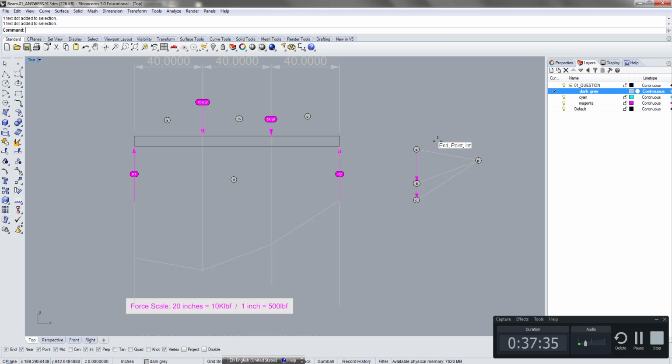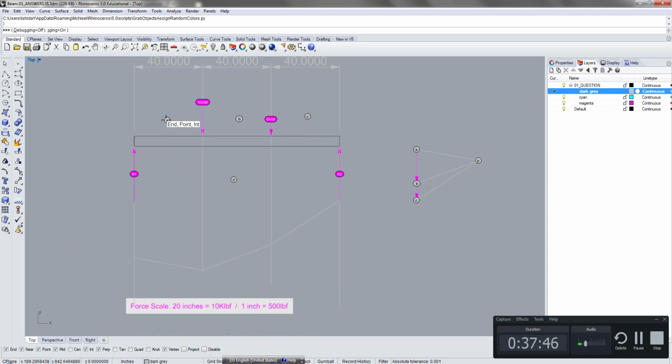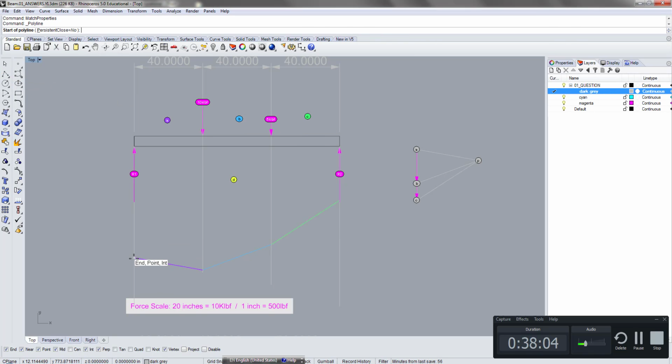So let me just put the colors so that you can see. Each of these are this color, and closing line which corresponds to this D.